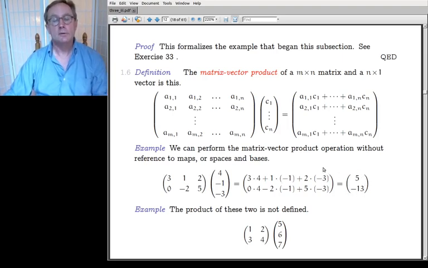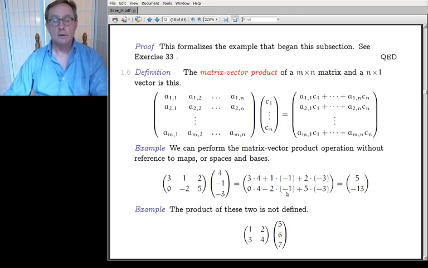So we defined the matrix vector product because, in the representation of the action of a linear map, it's how the representation of the map and the representation of the input vector combine to give a representation of the output vector, but you can use this definition in other ways.